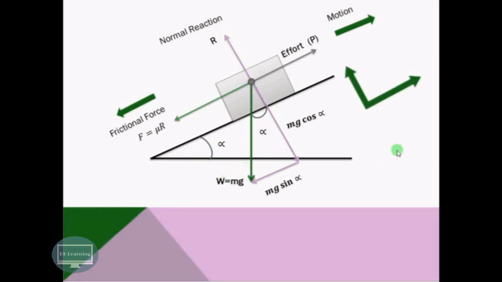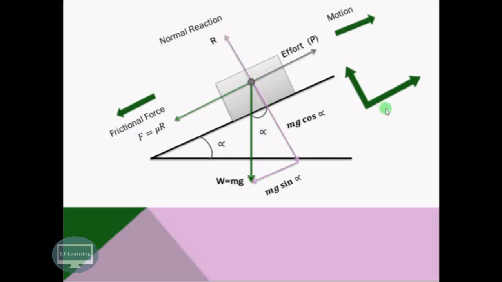Now suppose we resolve the forces along this. This is the x-axis and this is the y-axis, so this is the positive x-axis and this is the positive y-axis. Forces along the positive x-axis are P. This is the frictional force along the negative x-axis, and this mg sin alpha component is also along the negative x-axis.